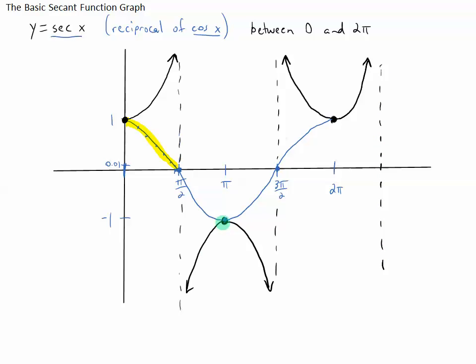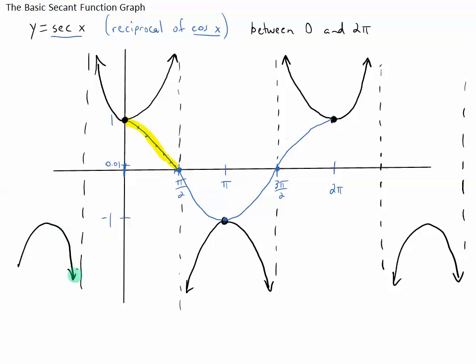And then I'd come down, and I'd have a downward U in the next region, another asymptote, and it would repeat. So what it ends up being, if I continue this pattern left and right forever, is a bunch of upward and downward U shapes. And that is the basic secant function graph based on the cosine graph from 0 to 2 pi.